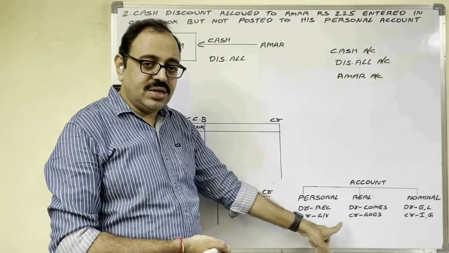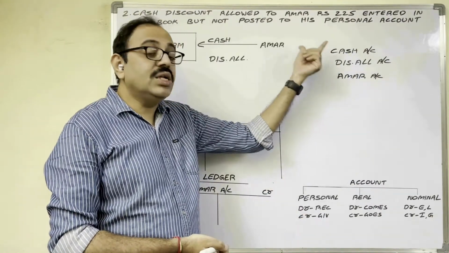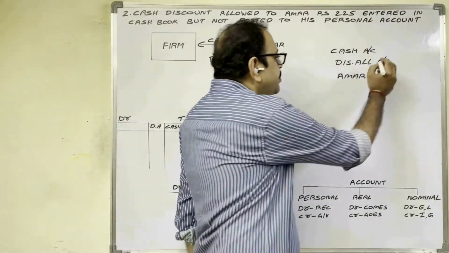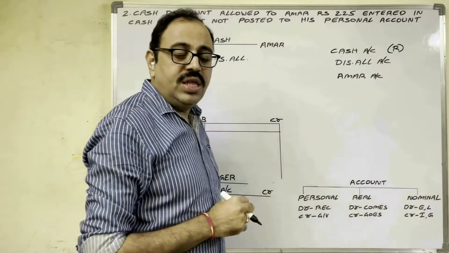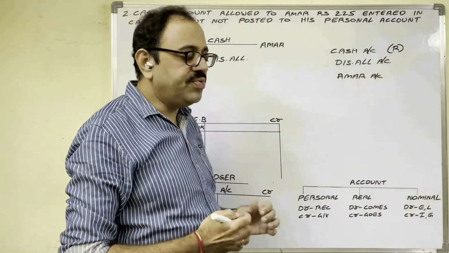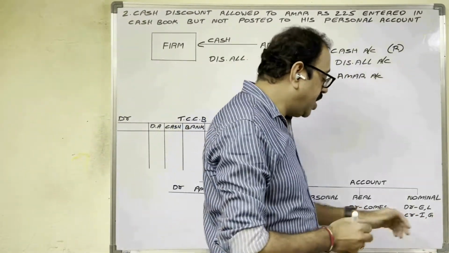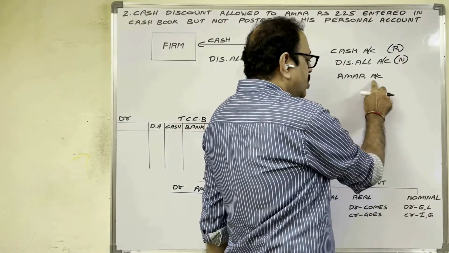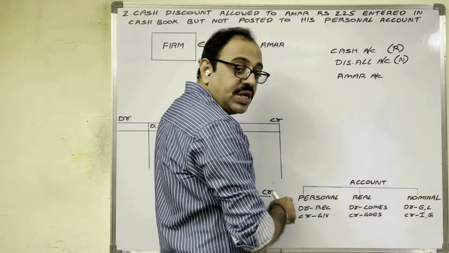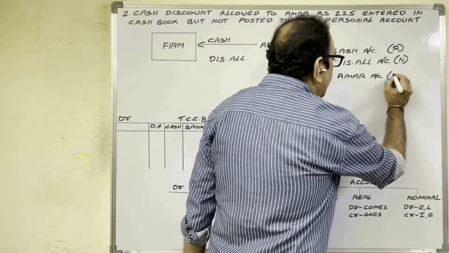Cash is an asset, therefore the cash account is a real account. Discount allowed: think from the firm's point of view. To the firm, discount allowed is a loss. Losses come under nominal account. Amar's account, opened with a person's name, is a personal account.